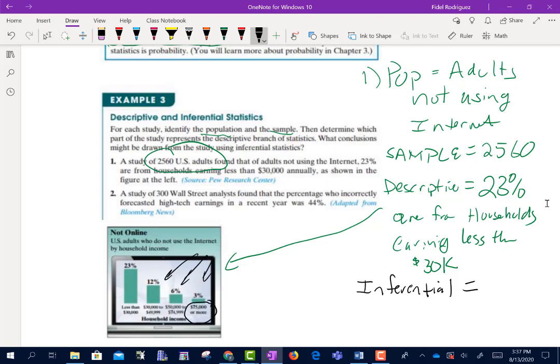When you have an income of $75,000 or more per year, then you only have 3% of the people who don't use the internet, right? Or if you have an income of $50,000 to $74,999, you only have 6%, right? So what can we infer? Well, if we have less income, then maybe the internet is less affordable, right? Less accessible.